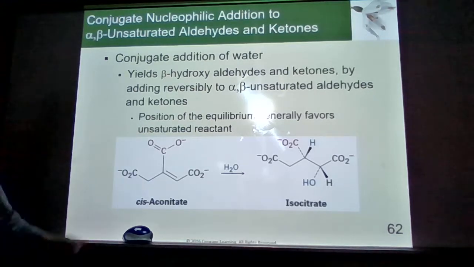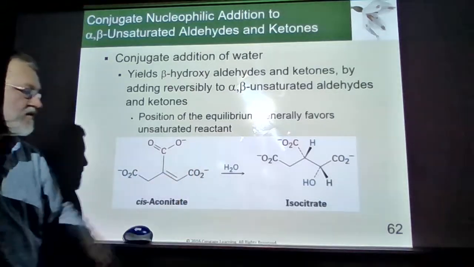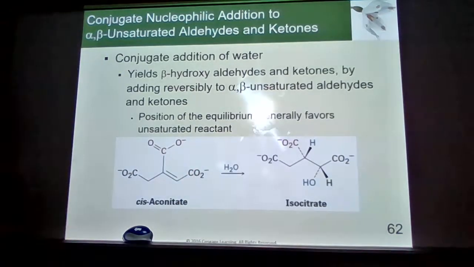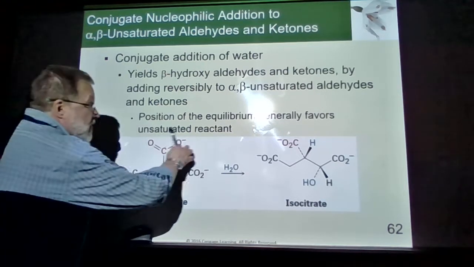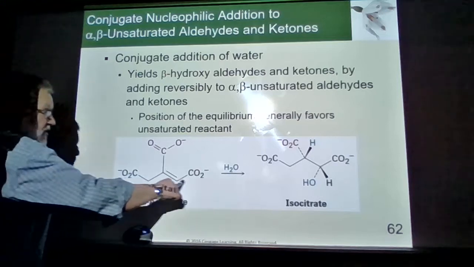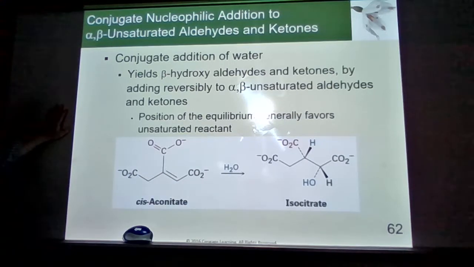The position of this is generally an equilibrium reaction. Generally, this is one of the reactions that can happen in the body, and it plays a very important role in the metabolic processes in the human system. The position of the equilibrium generally favors the unsaturated reactant.